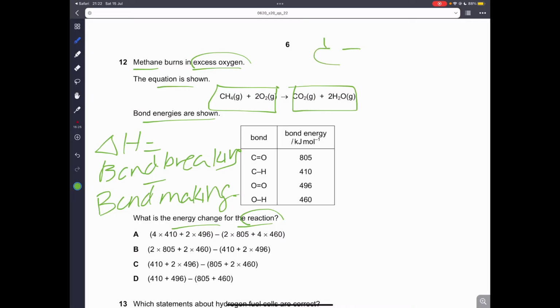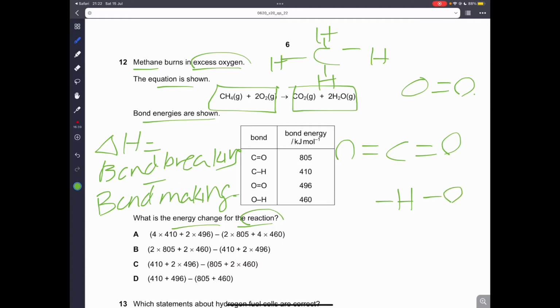So let's draw the structure together. Okay, let's draw the structure. H2O.